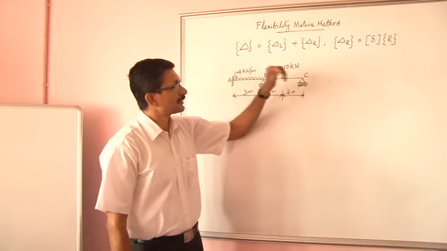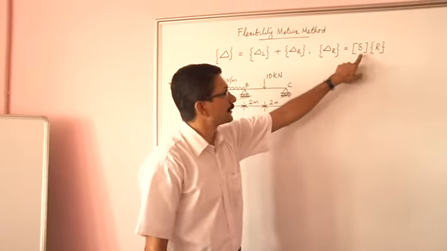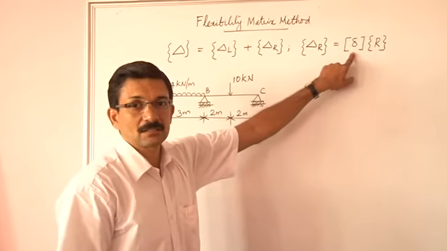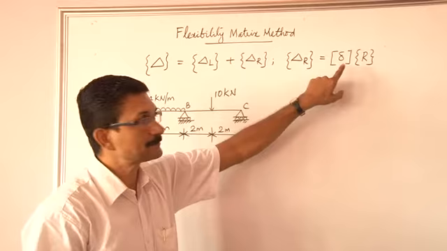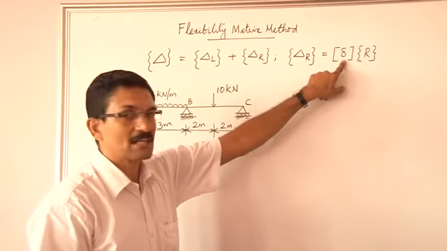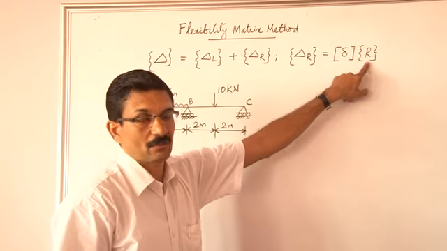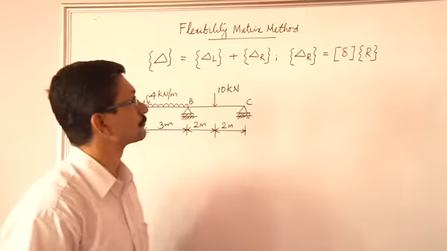Essentially, here R represents the redundant forces, and delta represents the structure flexibility matrix. So, delta R can be written as the delta matrix multiplied by the unknown force vector, or the redundant force vector.